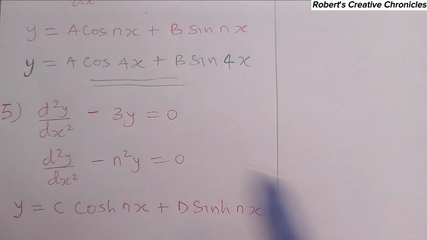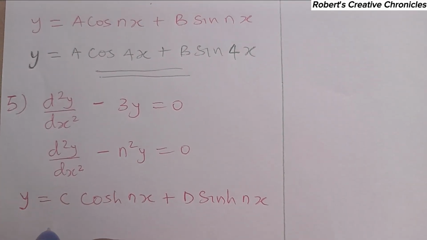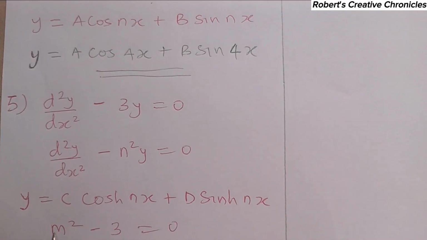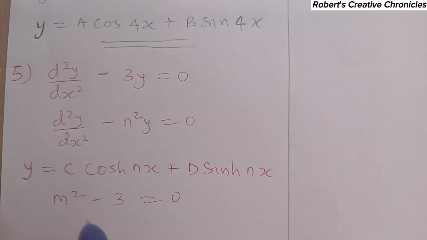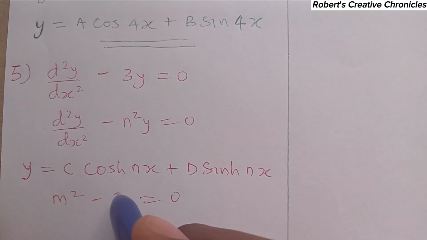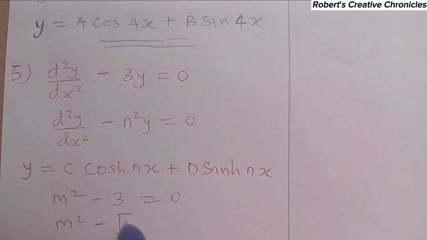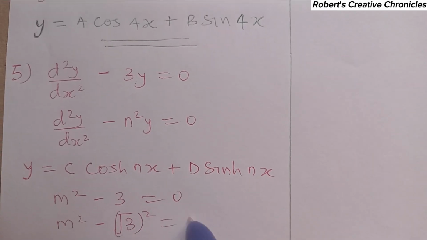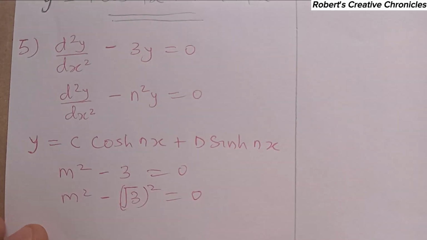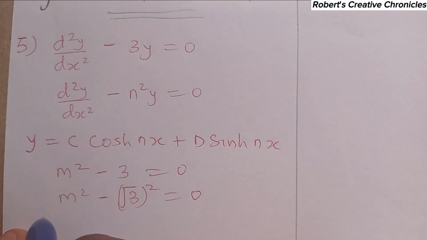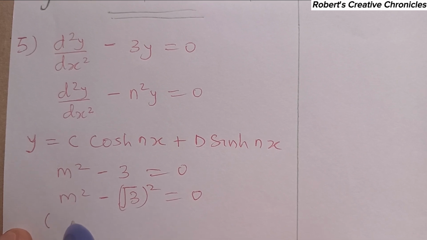So now let's solve this. This becomes m squared minus 3 is equal to 0. Now to make both sides squares, what will we square to give us 3? It is root of 3. So it will be m squared minus root of 3 squared is equal to 0, because this square is also 3. So now we will use the normal relation a minus b, a plus b.